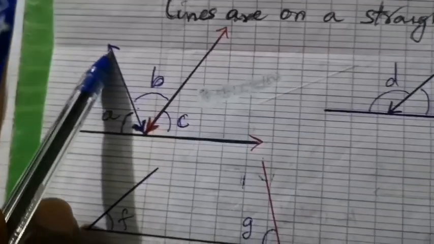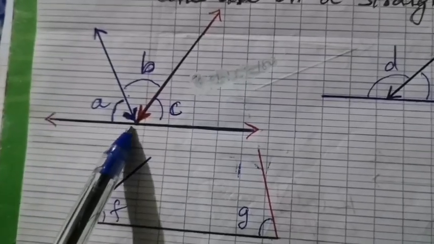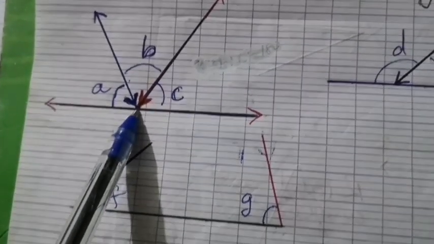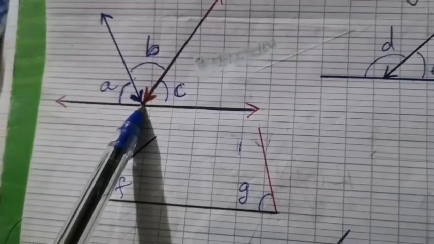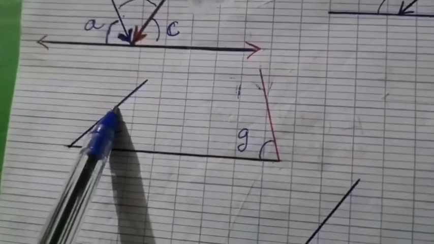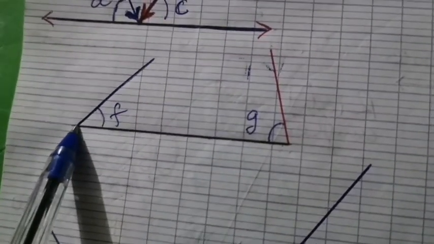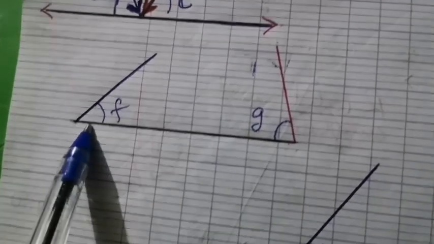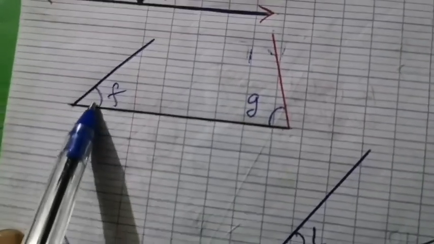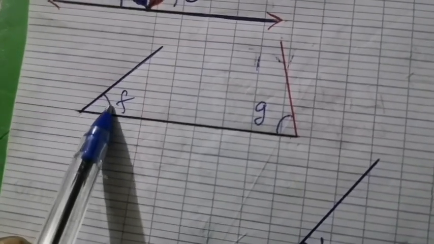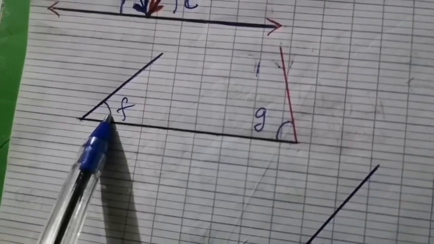It's not like this one. This one touches this line here. It's not like that. But this one, this line and this line, the two of them meet here. So no one is taken as baseline. So because of that, we cannot say that angle F is on a straight line.